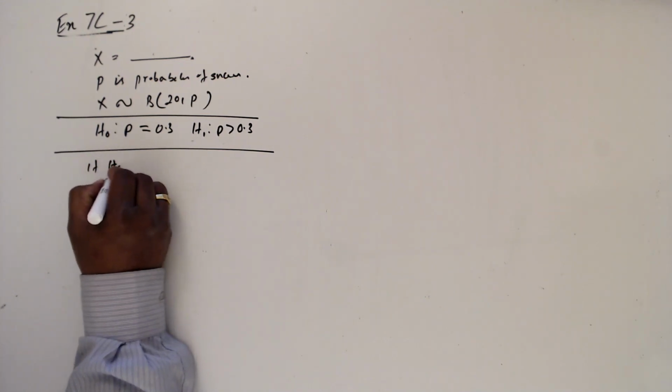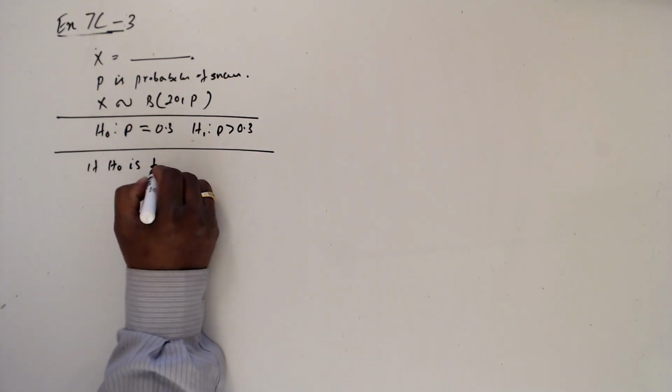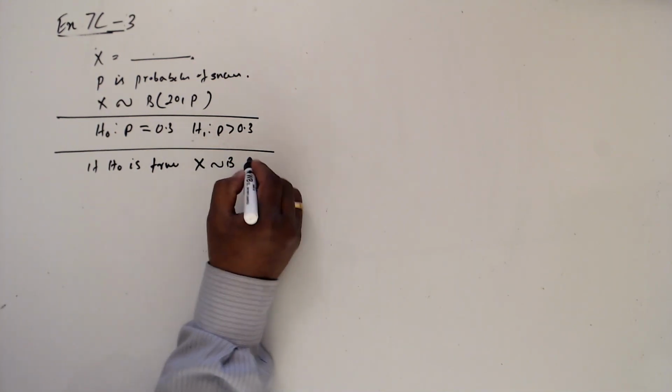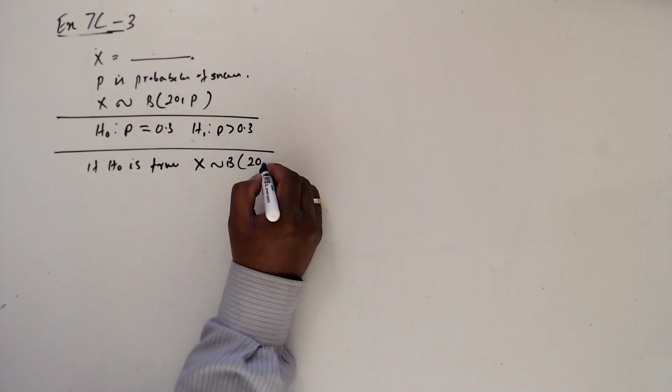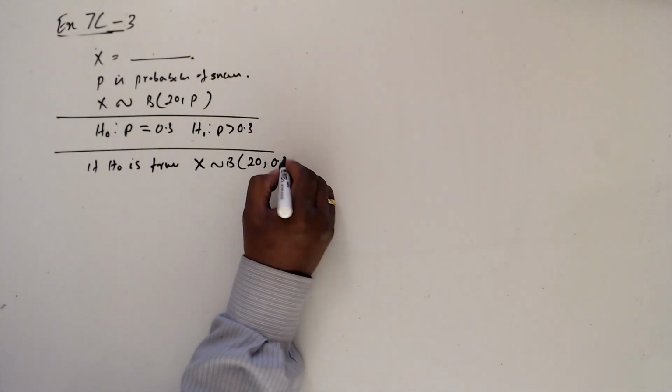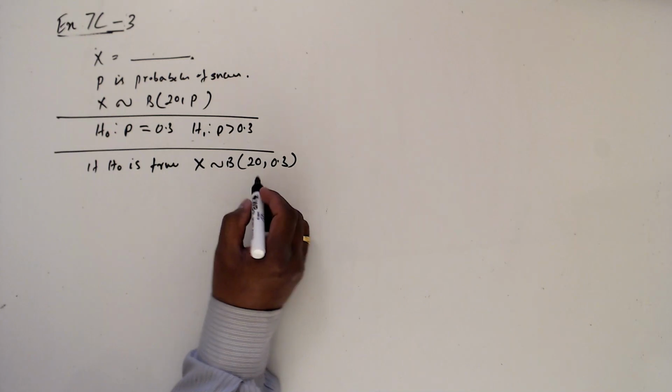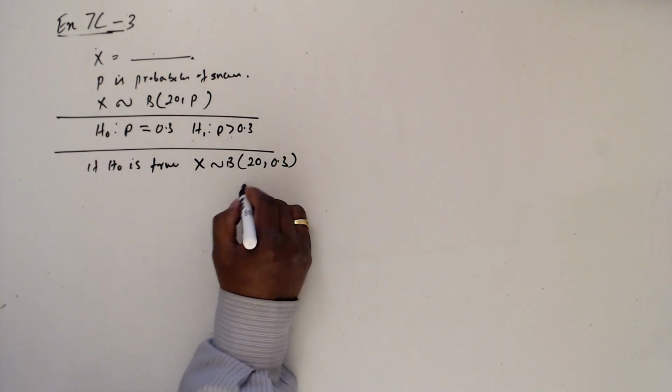If H0 is true, then the X variable follows binomial 20, 0.3. If it's not true, then it has to be a greater value.